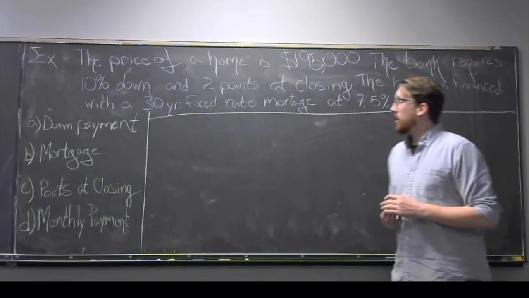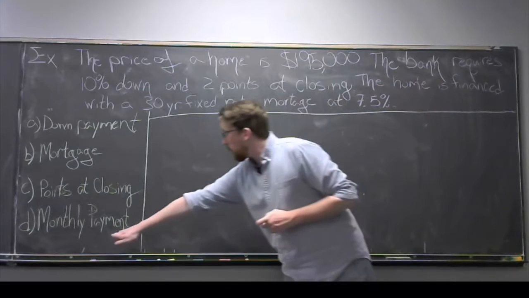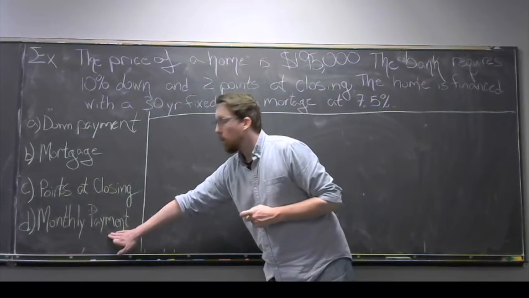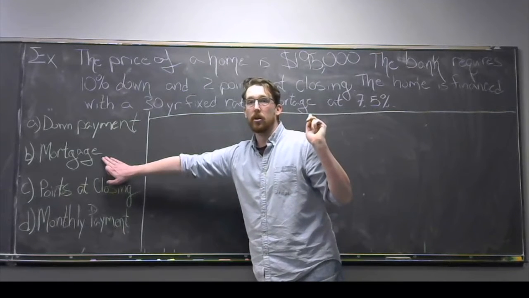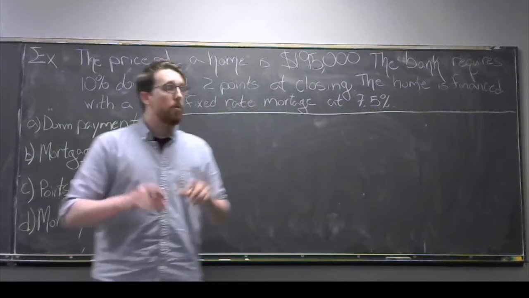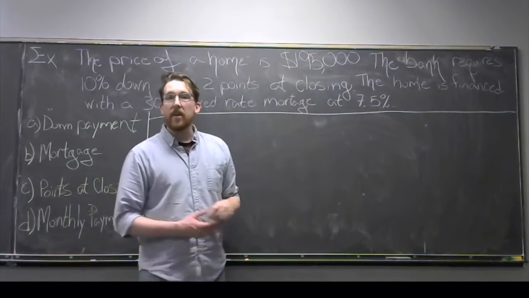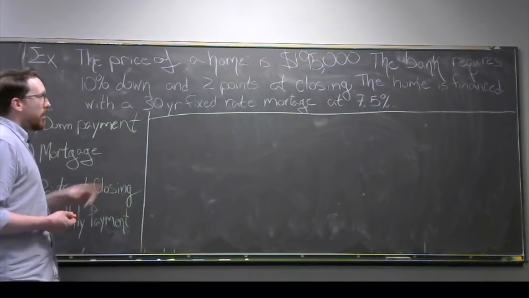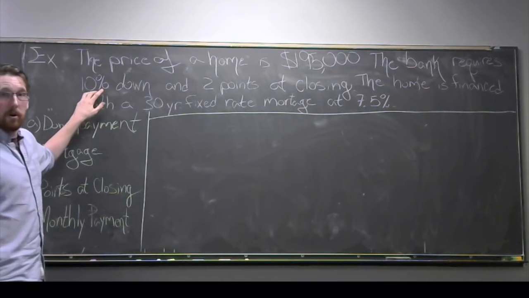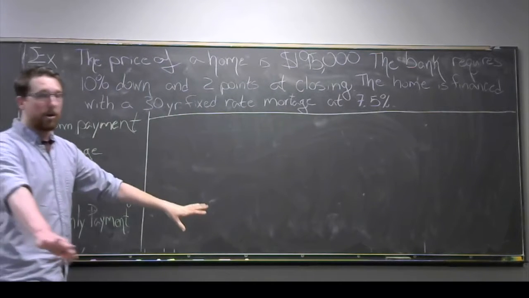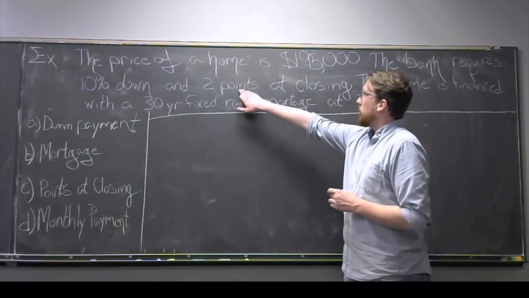Having said that, that loan is what we're paying off. The mortgage is whatever's left over. So in our problem, what we've got is a home that is, like I said, $195,000. And the bank wants us to pay off 10% of the home before we ever even get the loan. And it wants us to pay 2 points at closing.